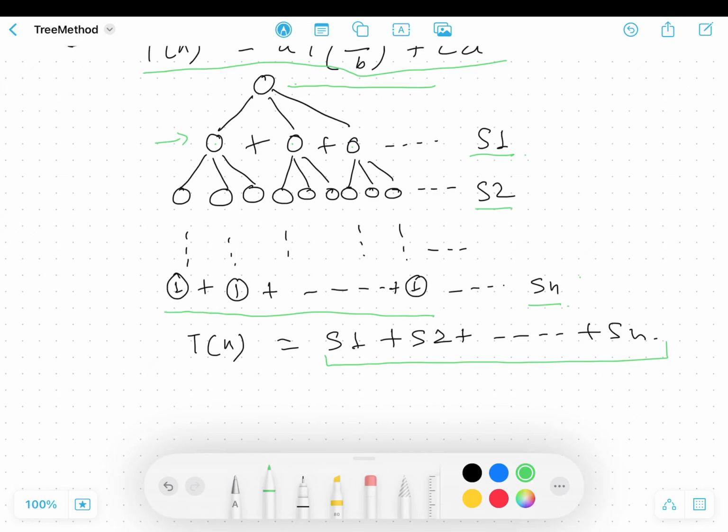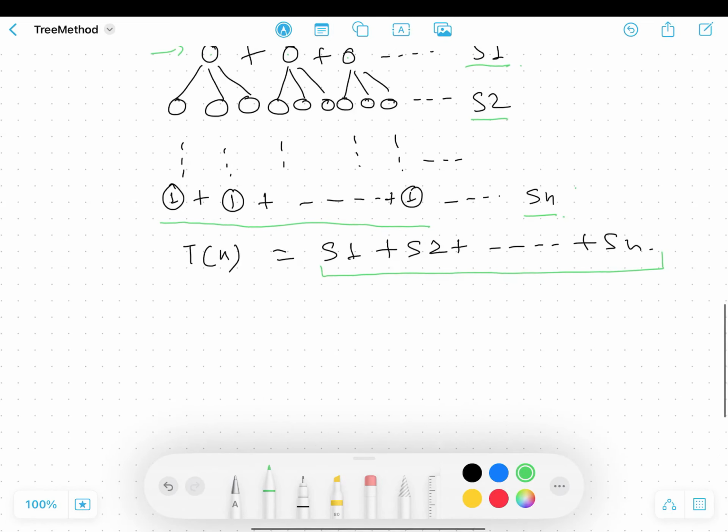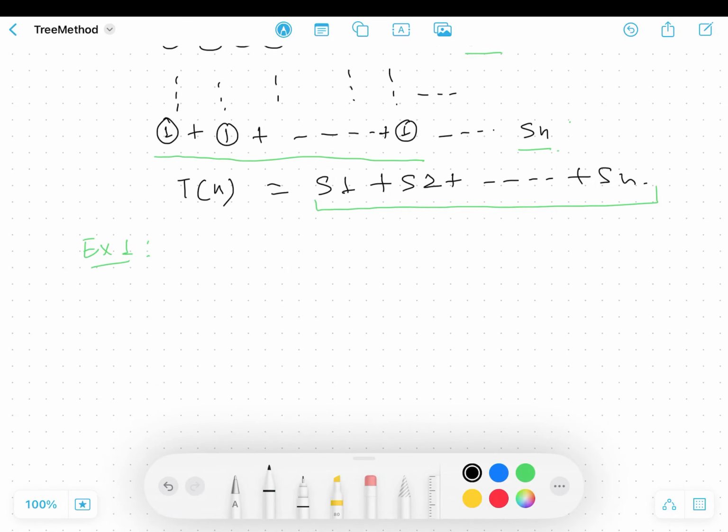Let us dive into an example to better understand how to use the tree method for solving a recurrence. So let's start with an easier example. Example 1. The recurrence looks something like this.